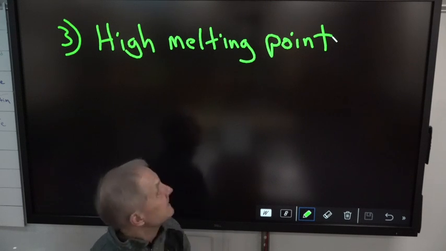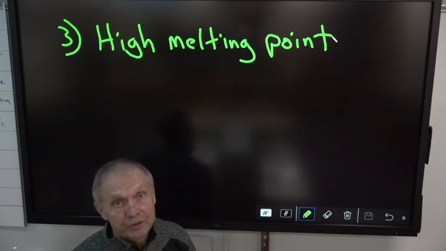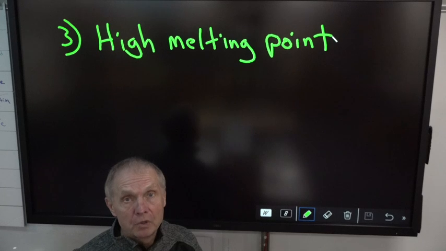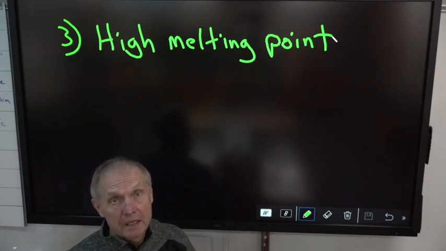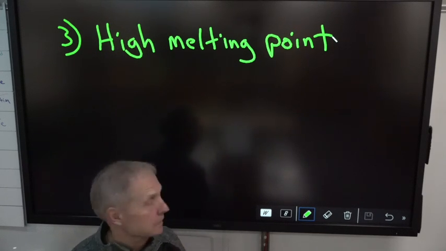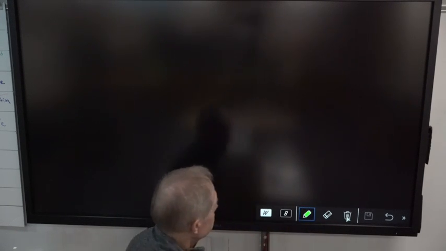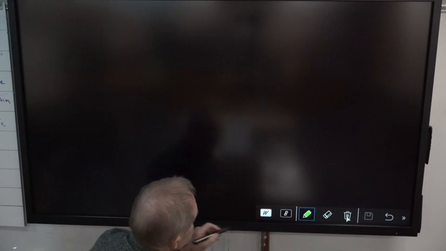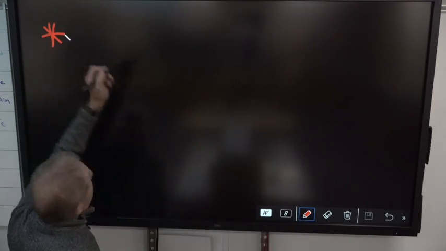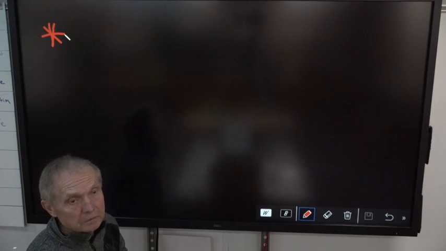Now, the next property is the number 1 most important property of ionic compounds. So pay attention. Here we go. Put an asterisk here because it's so important.